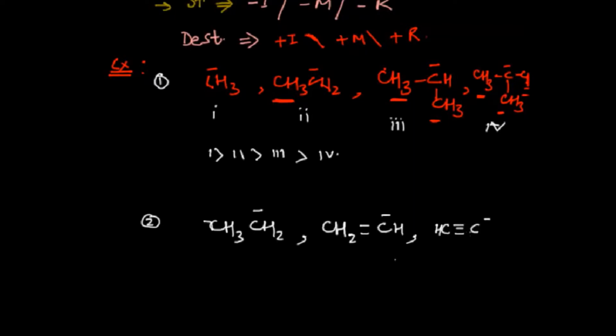In these cases, CH3CH2 has a plus I group, whereas for the other two we cannot exactly predict. So how can we predict this?